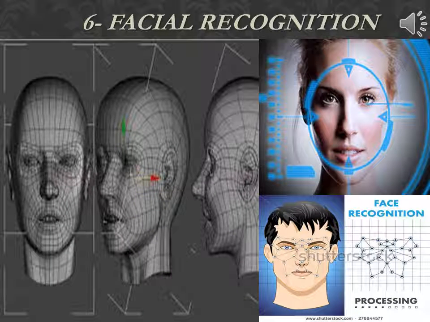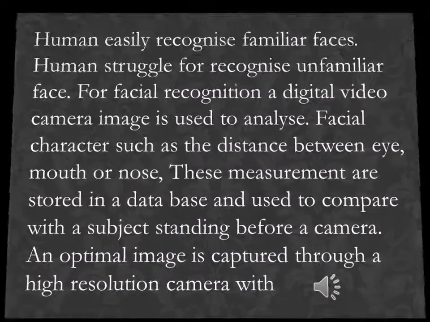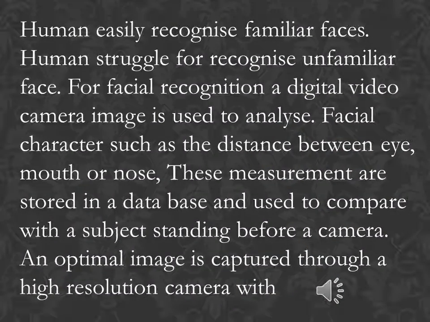6. Facial recognition. Humans easily recognize familiar faces. Humans struggle to recognize unfamiliar faces. For facial recognition, a digital video camera image is used to analyze facial characteristics such as the distance between the eyes, mouth or nose.